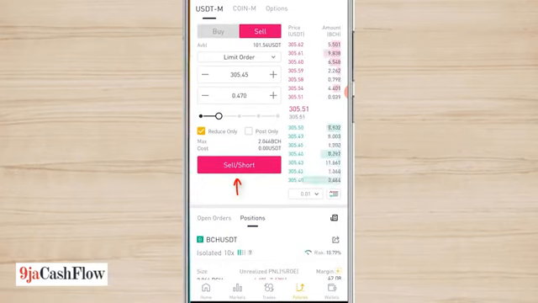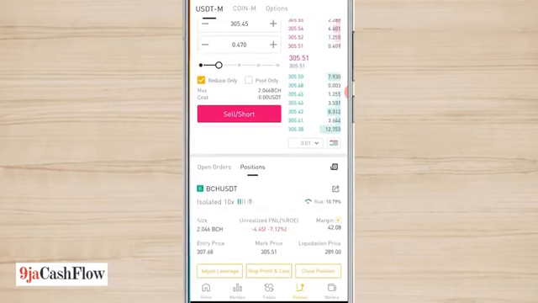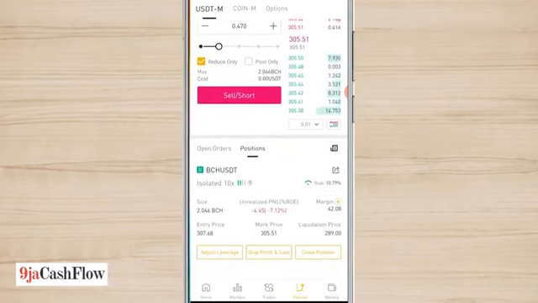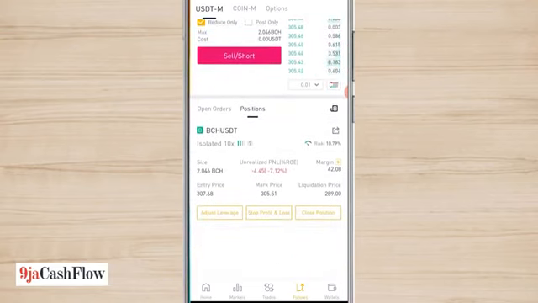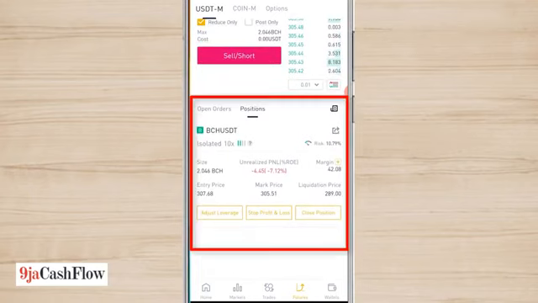So if I click on it, it's going to place a sell order of 0.47 Bitcoin, and it will be here. So right now I have a trade. I bought Bitcoin Cash at 307.68 yesterday, and I'm currently at a loss of $4.47 here.